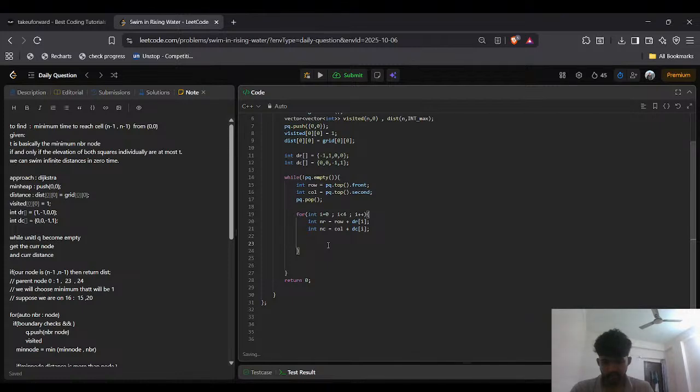And in this we will go in 4 directions, and we need to do a boundary check first of all. If nr, the new row, is bigger than or equal to 0, then it's fine. Of course, if nr is smaller than n, then it's also fine. And the same thing will apply.